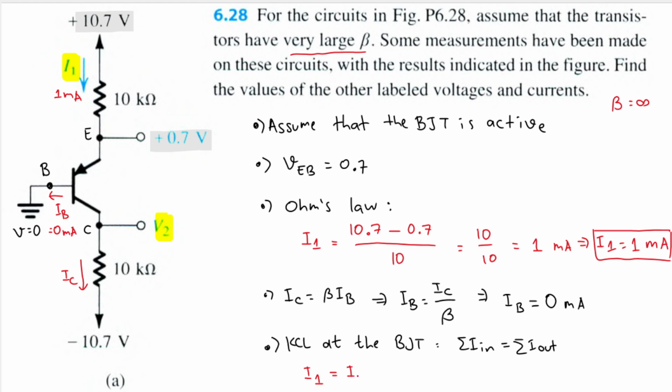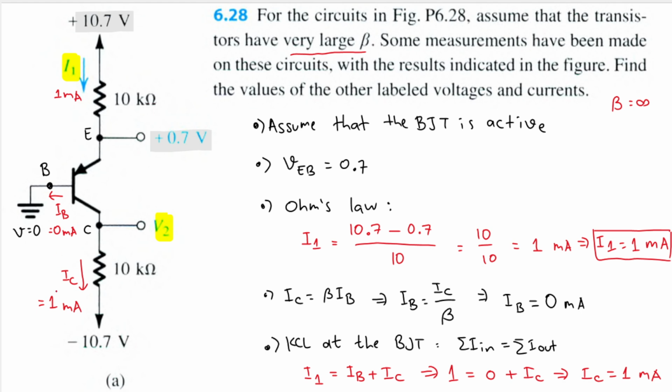So I1 equals IB plus IC. Let's plug in the values: I1 is 1, IB is 0, plus IC. That means IC is 1 milliampere.